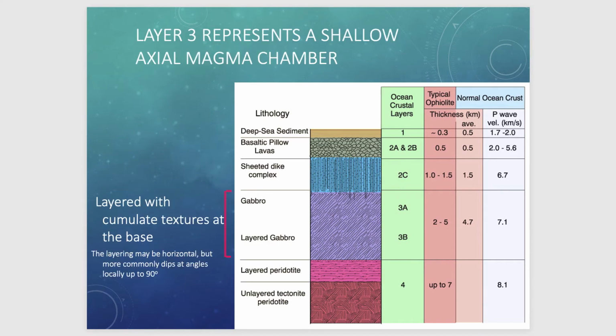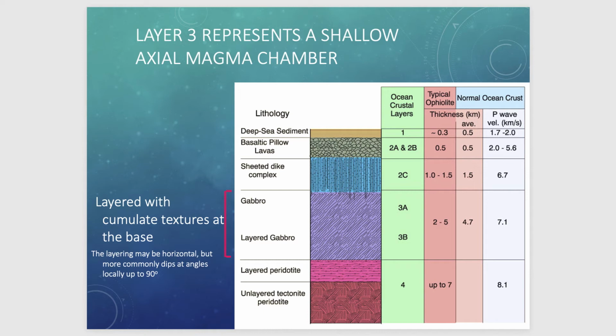If we move on and look at the gabbros, remember that we have this change from layered versus more various compositions and textures at the top, which will be more irregular. The layering can be horizontal, but more commonly can dip at higher angles as well, up to 90 degrees.